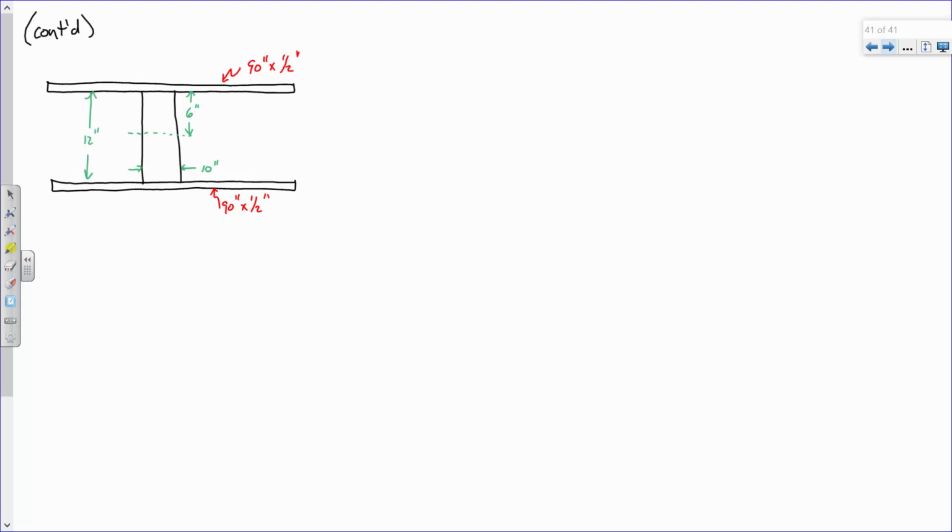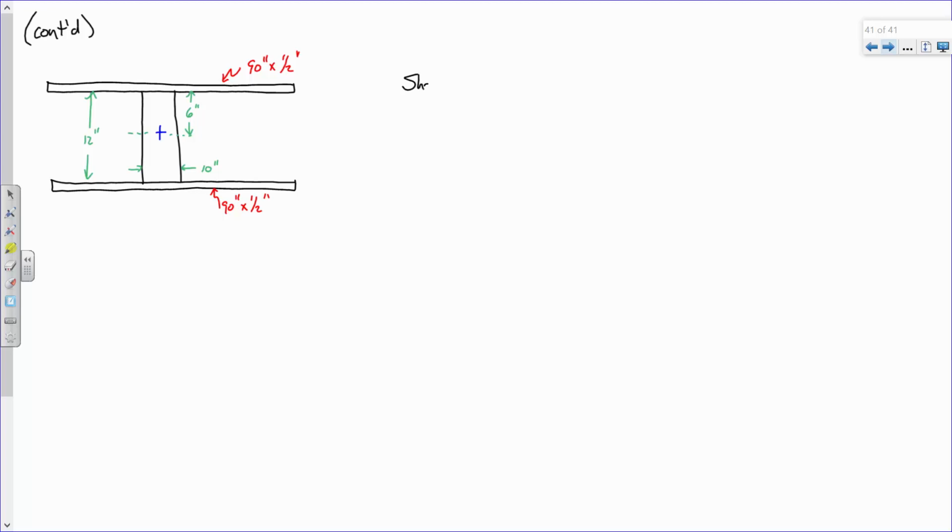What I'm going to do is compute a moment of inertia. So remember how we did this before? We had the A, the Y, the AY, the I naught, and so on. My table is going to be a little smaller, because I already know where the centroid is. It's right in the middle, the centroid of this composite shape. So I don't need to do sum of AY or sum of A computations to determine where that point is.